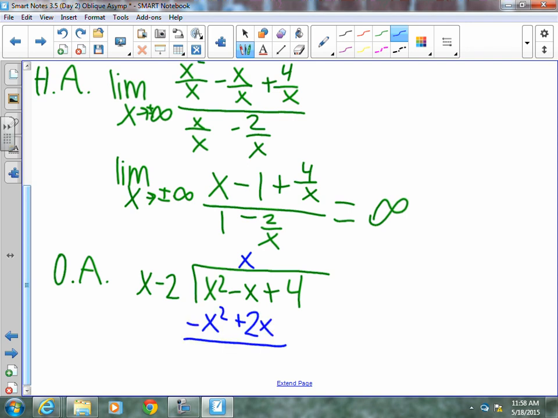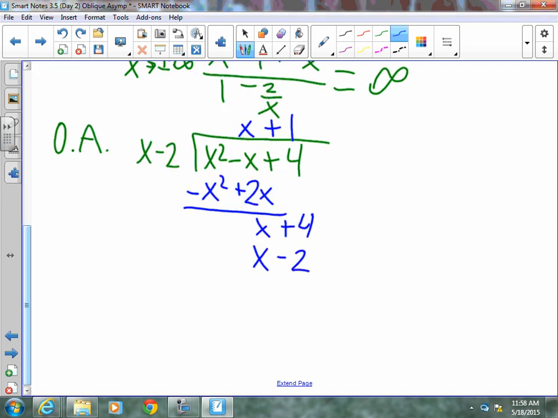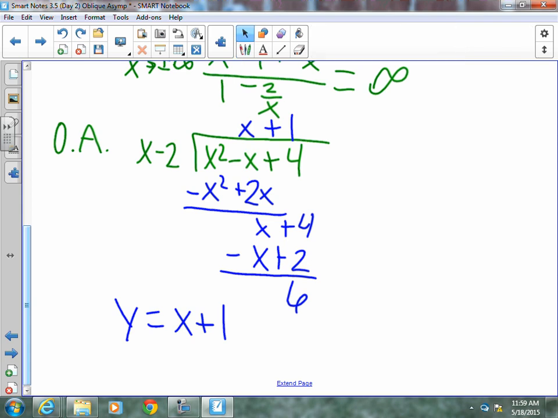Find the opposite. So our oblique is y equals x plus 1. That will be our oblique asymptote on that first example.